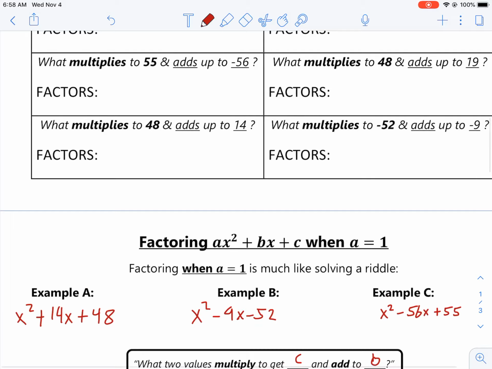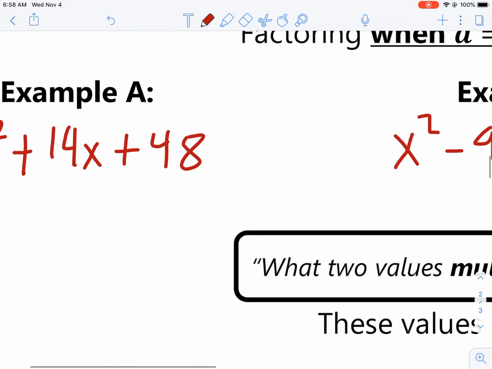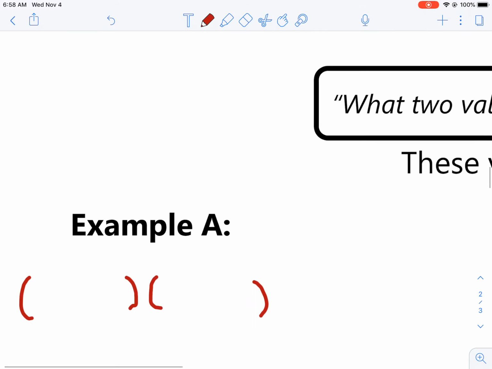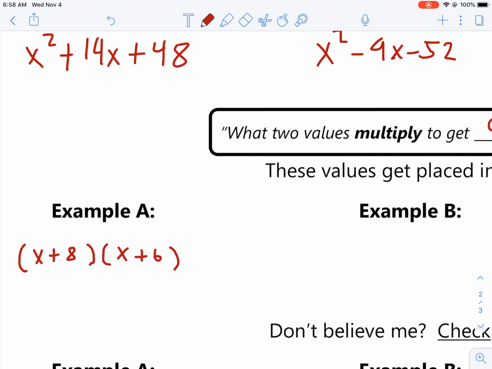So the factors would be 8 and 6. And so how that looks in factored form is x plus 8 and x plus 6, all right? You take those two factors and you put them in the parentheses with the x. Hopefully you remember this by now.